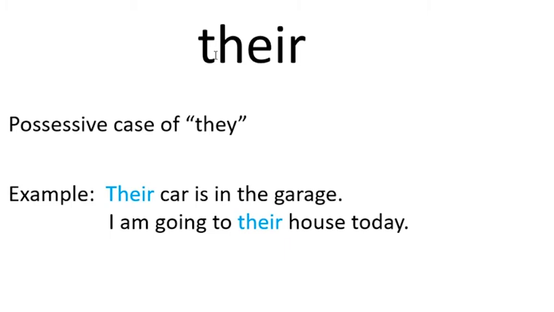Next is their, T-H-E-I-R. This is the possessive case of they. So, something that belongs to them is theirs. For instance, their car is in the garage, or I'm going to their house today. The house belongs to them, and the car belongs to them.